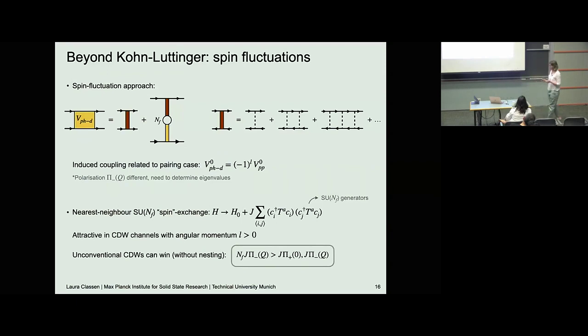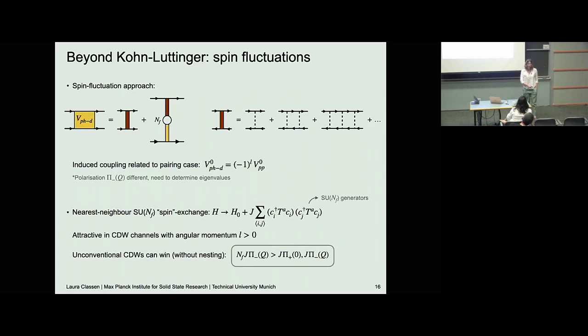And then again, we need to check if the charge density waves win, and this leads to this more generalized condition where now also added the polarization operators, so the susceptibilities in the different channels. And you see again, if I just make this N_F large enough, the charge density wave can win.